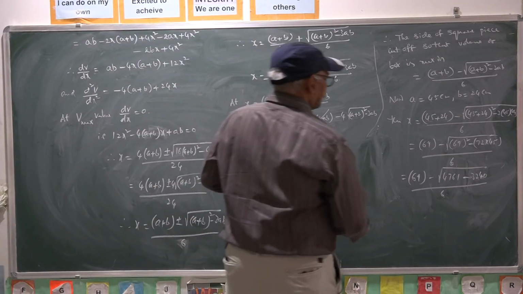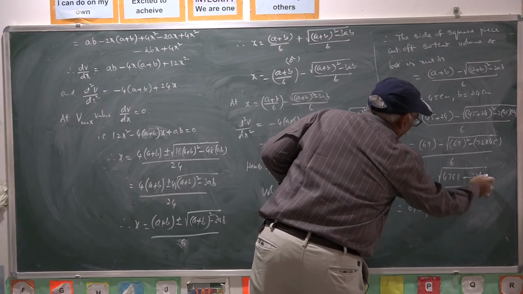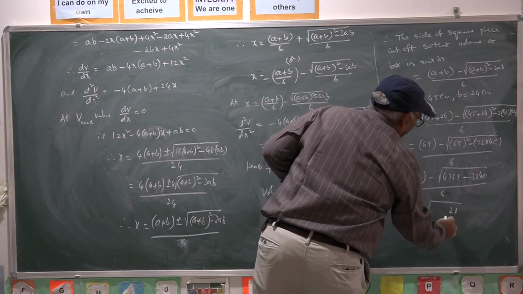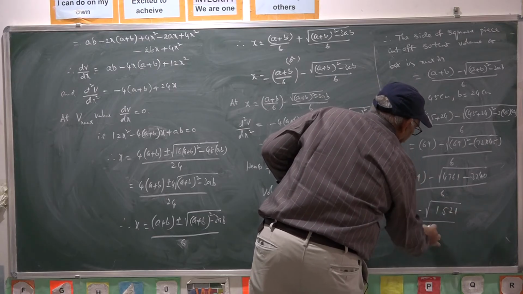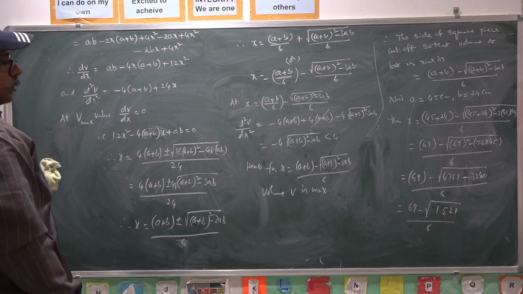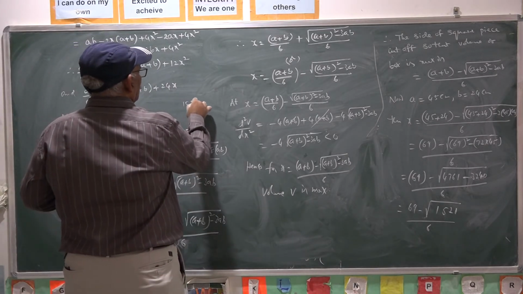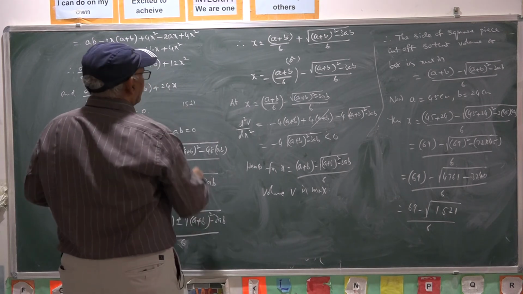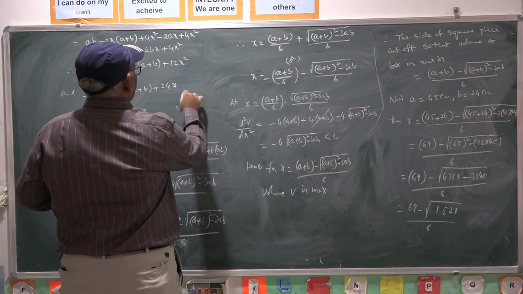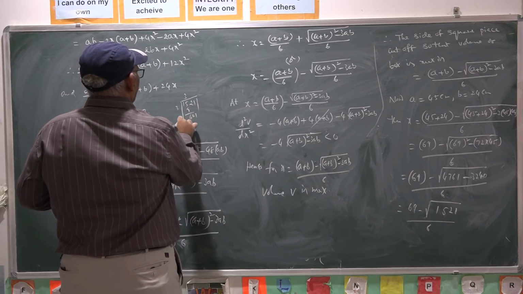Hence, we get 69 minus square root of 1521 by 6. Now, under root 1521 means 39, so 69 minus 39 by 6.